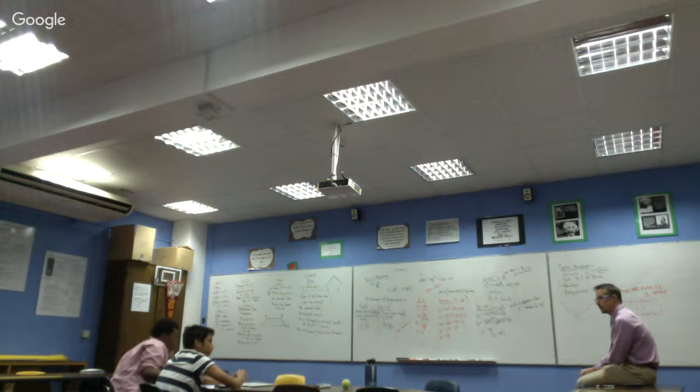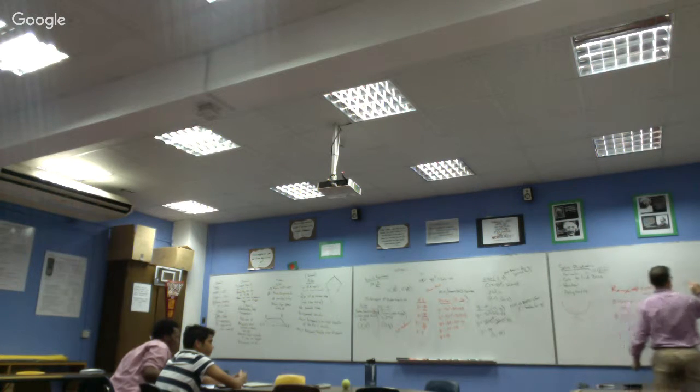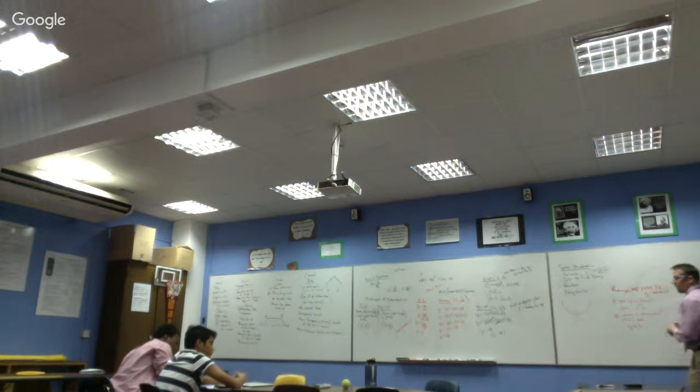How would the domain come in? The domain, okay, the domain are the possible x values. Is it all the numbers?